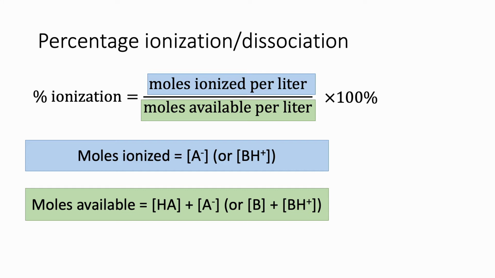The other way you can think about it is they have a problem where they basically say you start out with this many moles or with this concentration of the acid. That's the number of moles available. And I am saying moles here, but it could also be concentrations. That ends up working out to the same thing, because both the ionized and the unionized acid or base are present in the same solution with the same volume.